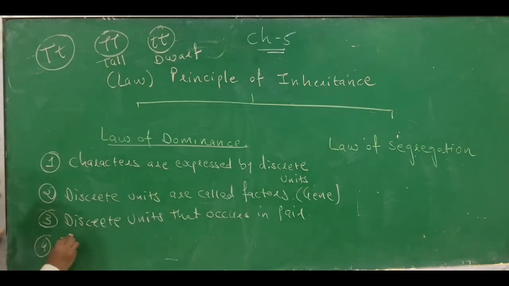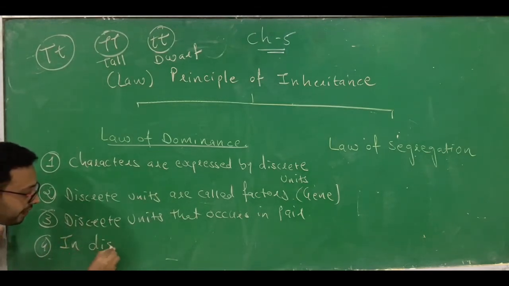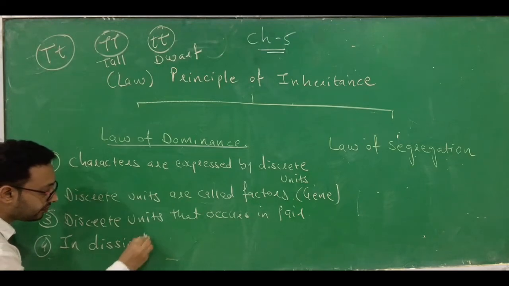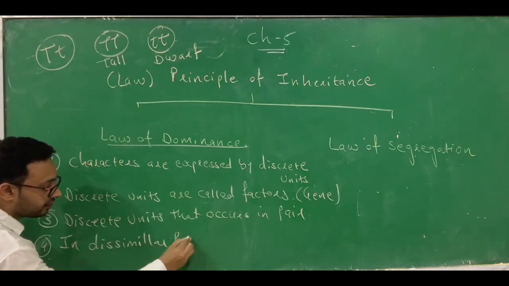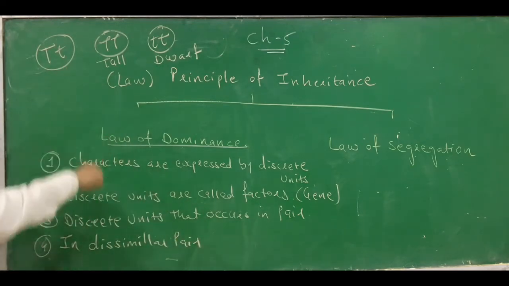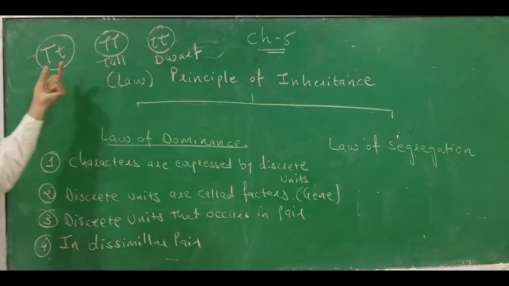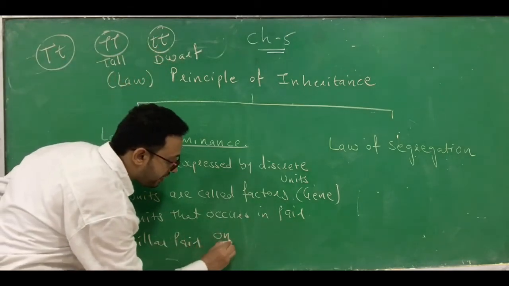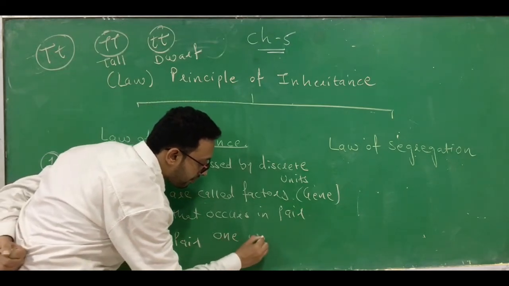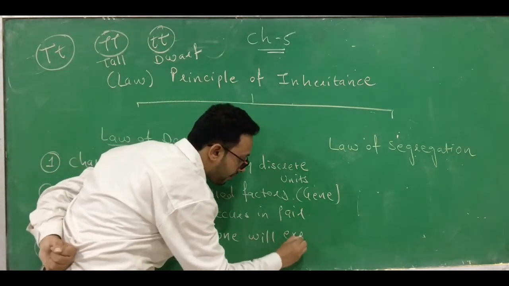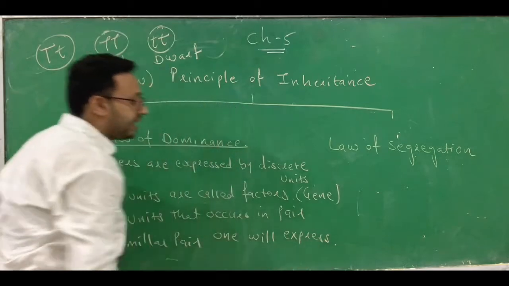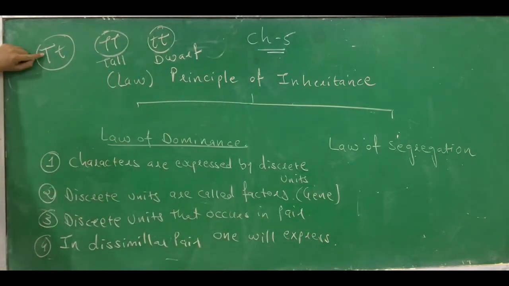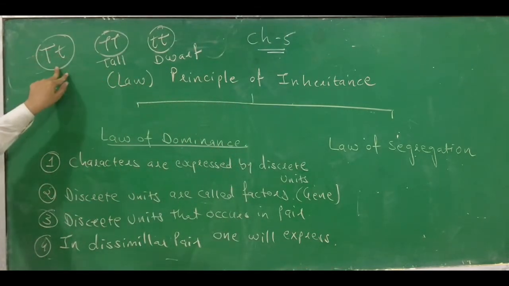So in a dissimilar pair, this is a dissimilar pair. This is similar, similar. But this is a dissimilar pair. In a dissimilar pair, one will express. Here, capital T, small t, dissimilar: from these two, only one will express.